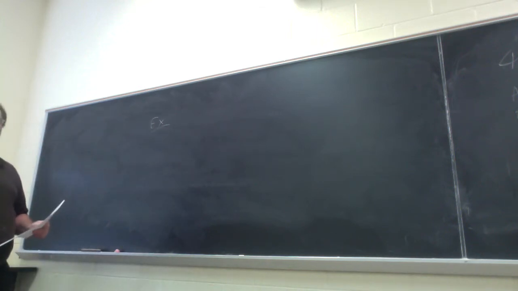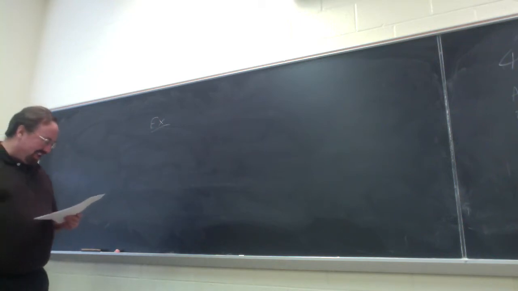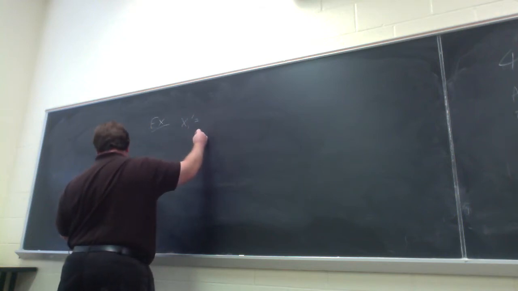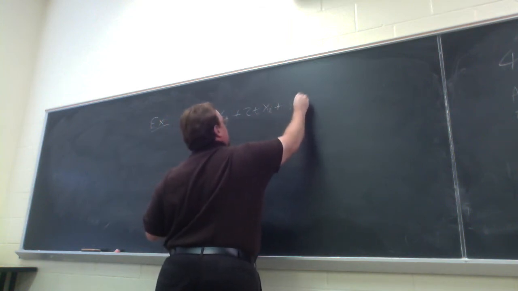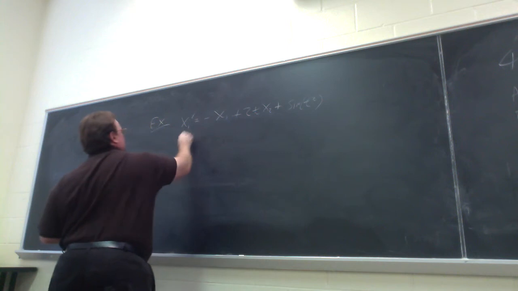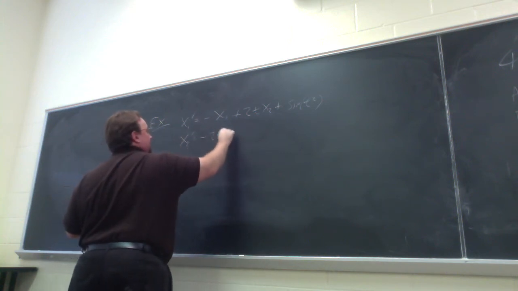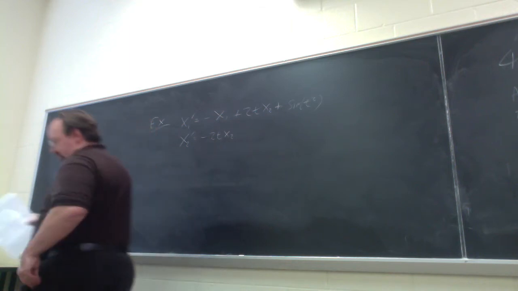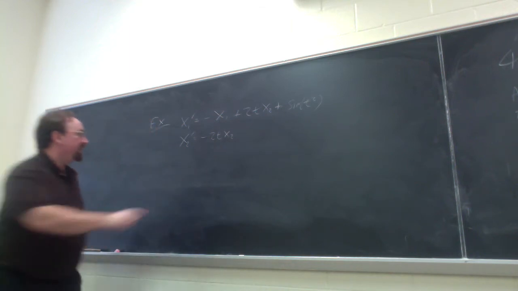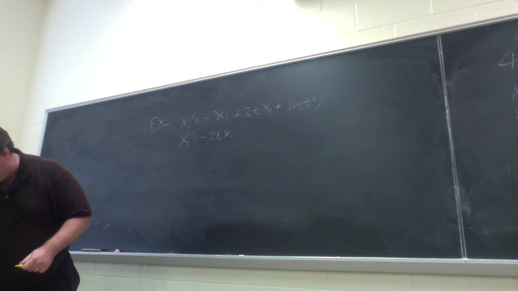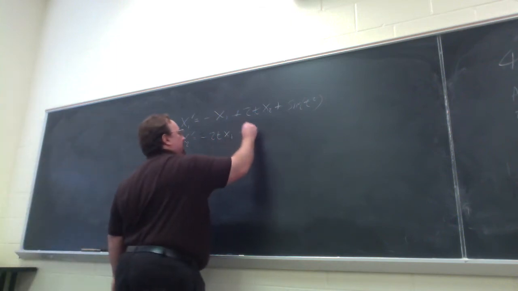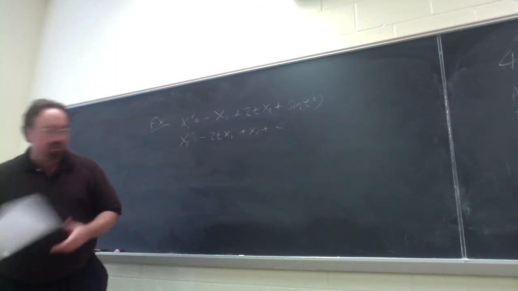Alright, so as an example of how a system can be written, it should be x1 plus x2 plus cosine t squared.